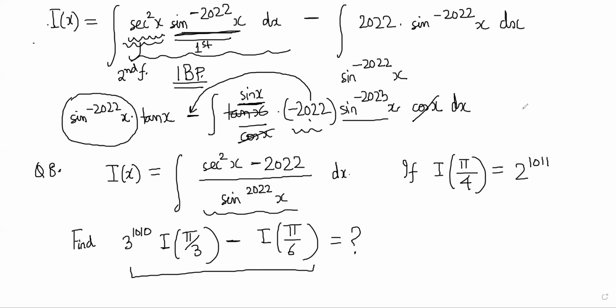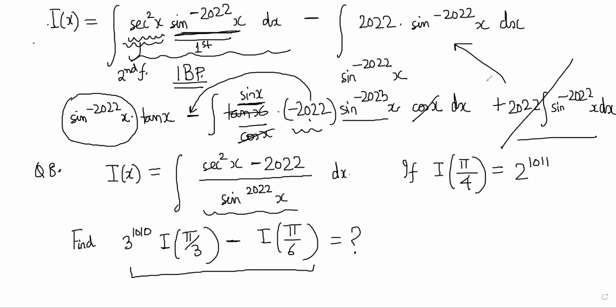So notice that this is becoming plus 2022 sine to the power minus 2022 x dx, right? Yes, sir. Which cancels the second integral, right? Correct? Yes, sir. Same, same. So this got cancelled, and your answer is this plus some constant, right?